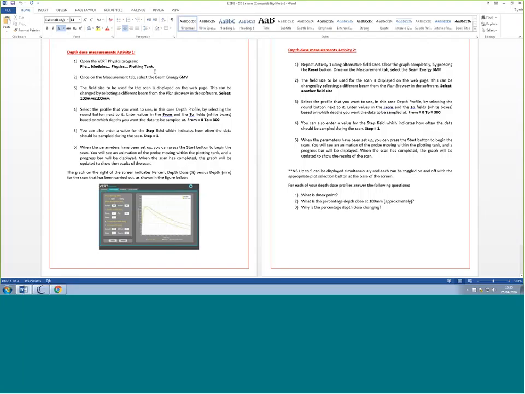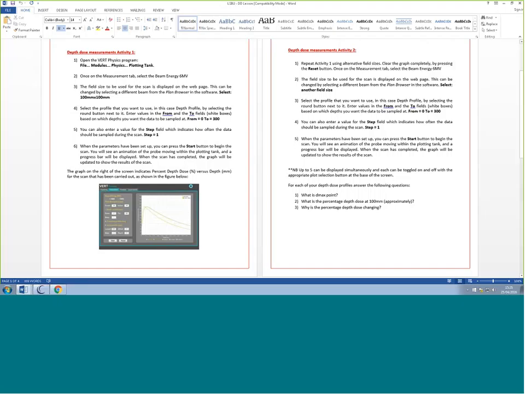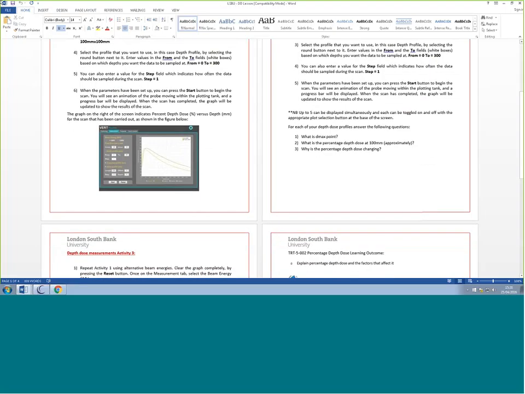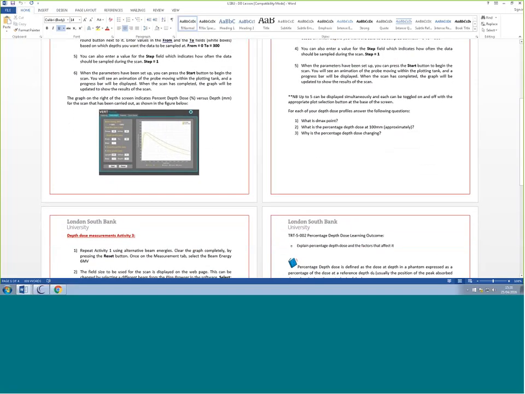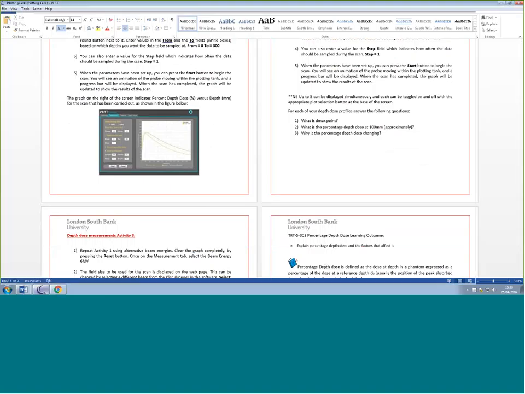We use it so that they can look at the differences between 6 MV and 15 MV, and also to establish what happens when we change the field size or the SSD, so that the students can calculate the impact these have on the dose distribution and percentage depth dose itself. It also links to their core textbooks, so that they can draw out the link between the theory and the practice.